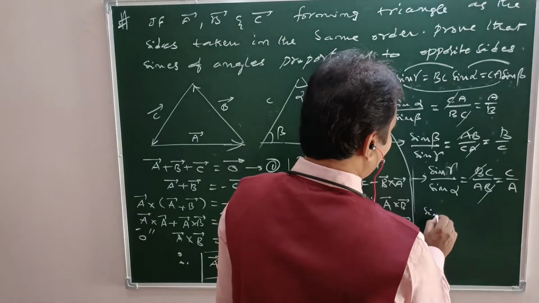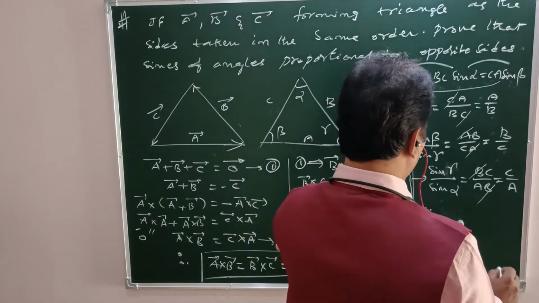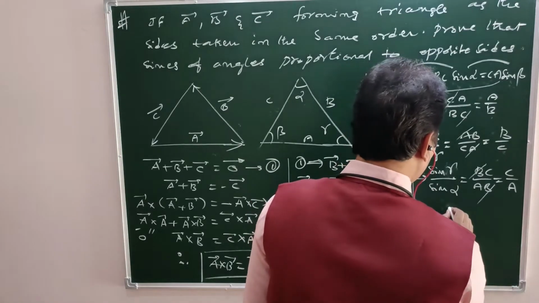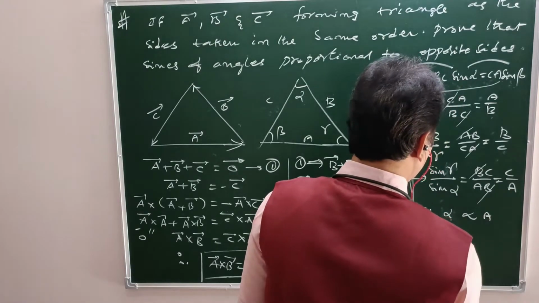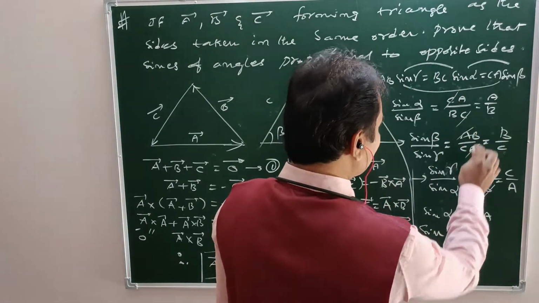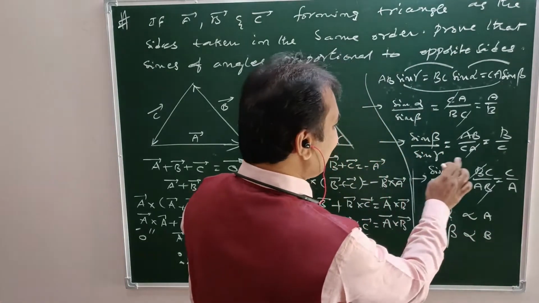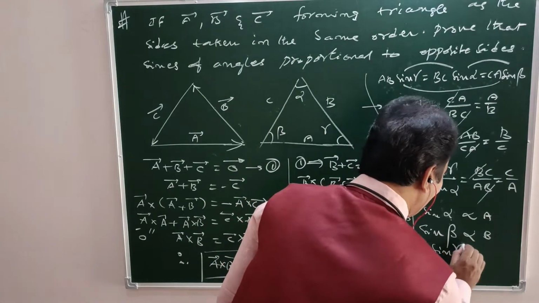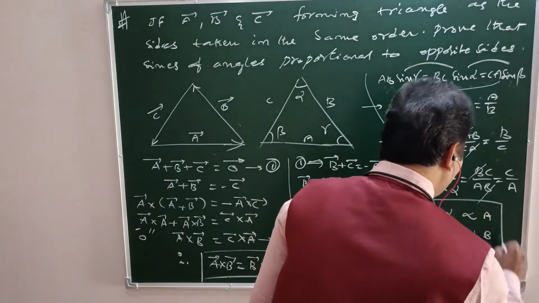Sin alpha is proportional to A. Sin beta is proportional to B. Sin gamma is proportional to C. So this is the ultimate result.